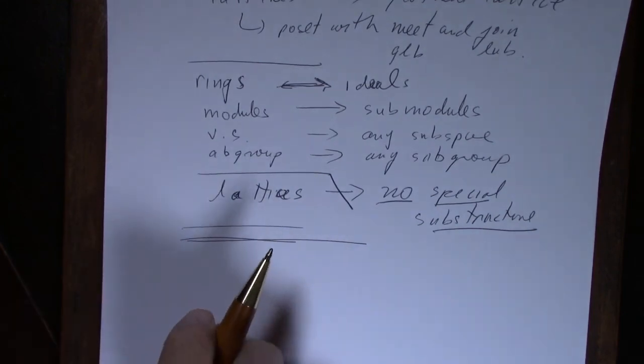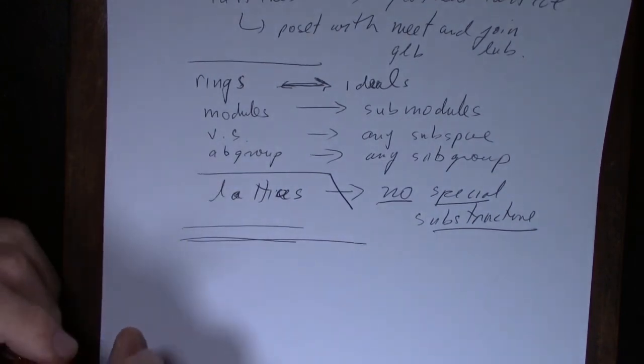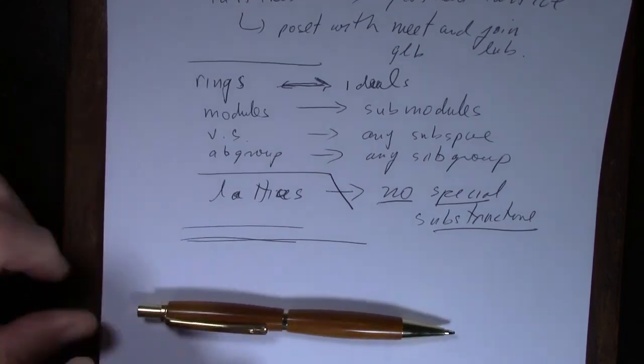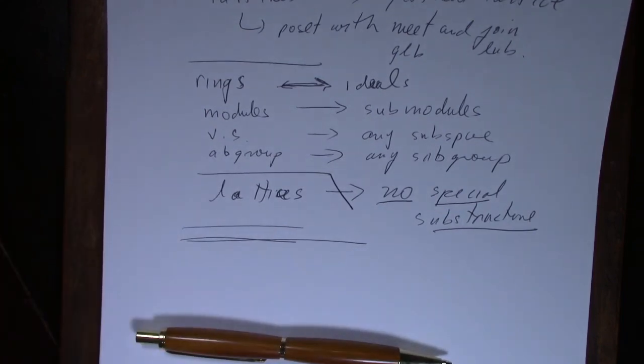We're lucky, in a sense, in that for groups, we don't have to talk about congruence relations. We can just talk about normal subgroups and quotients of normal subgroups. For rings, we're lucky because we have ideals that give us the quotient structures.